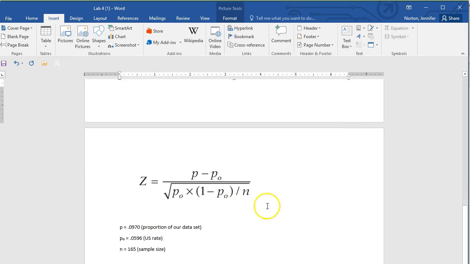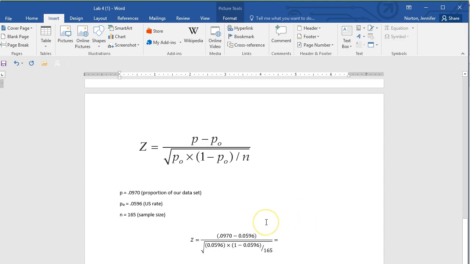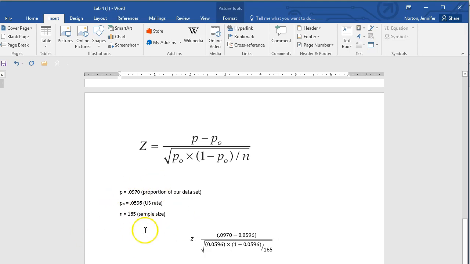Okay, so here is our formula. Z equals our proportion subtracted by the standard proportion, divided by the square root of the standard proportion times 1 minus that standard proportion, divided by n. N represents the sample size. So for DRG 291, our sample size was 165. So here is where we plug in all of our information.